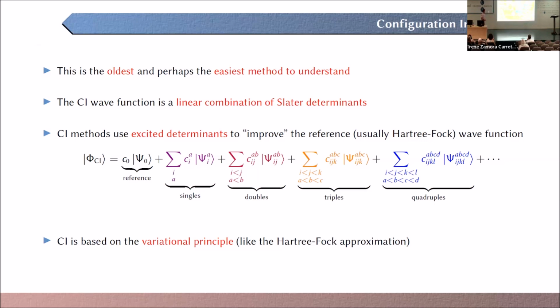The good thing about CI is that if you build a CI matrix and you diagonalize it, you have the variational principle that tells you that you're never going to go below the exact energy within a given basis set, which is always useful.